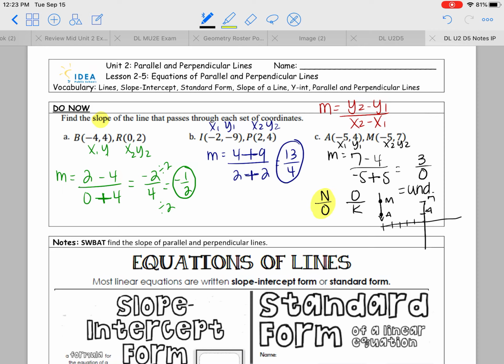When you connect those points, this is a vertical line. Remember Mr. Slope: uphill line is positive, downhill line is negative, vertical line is undefined, and horizontal line is 0. So keep that in mind, okay? Here, the answer would just be undefined.